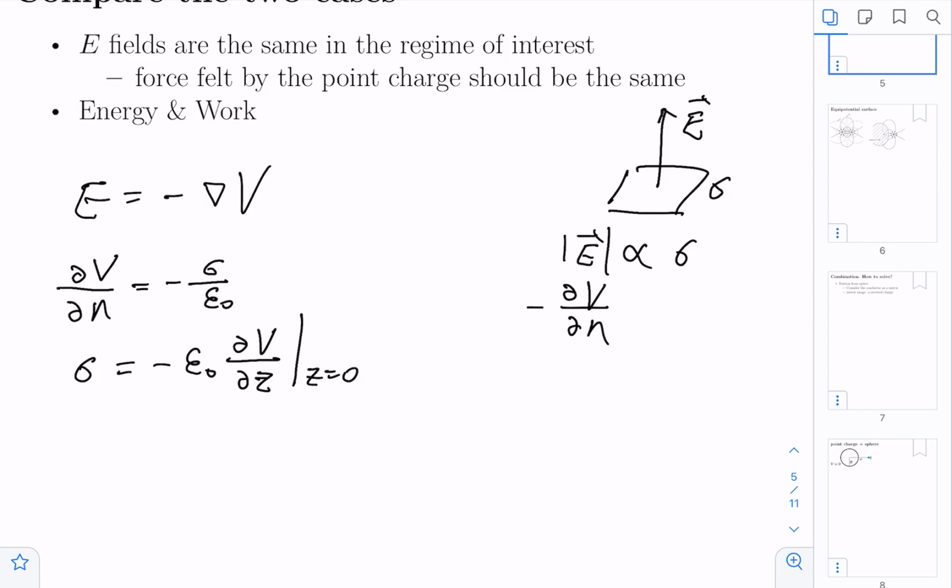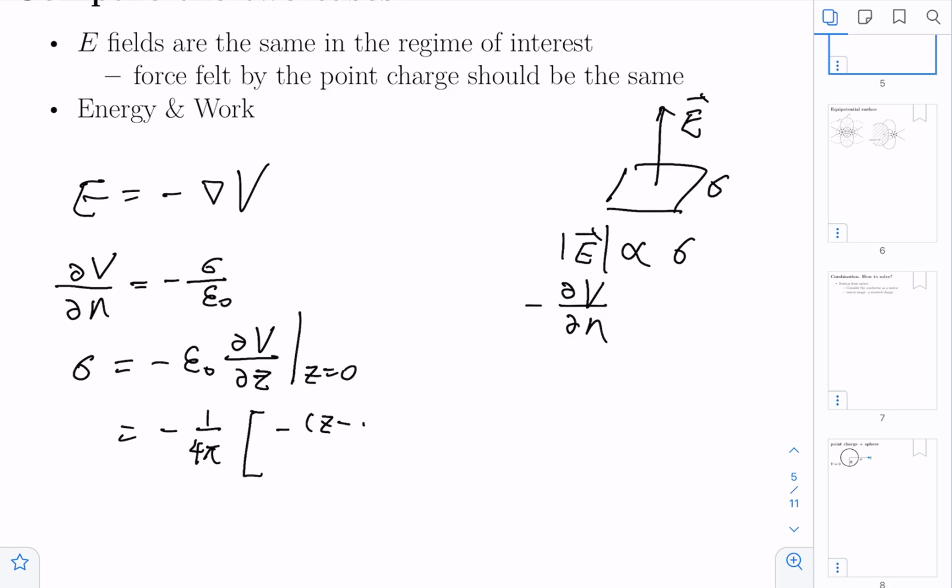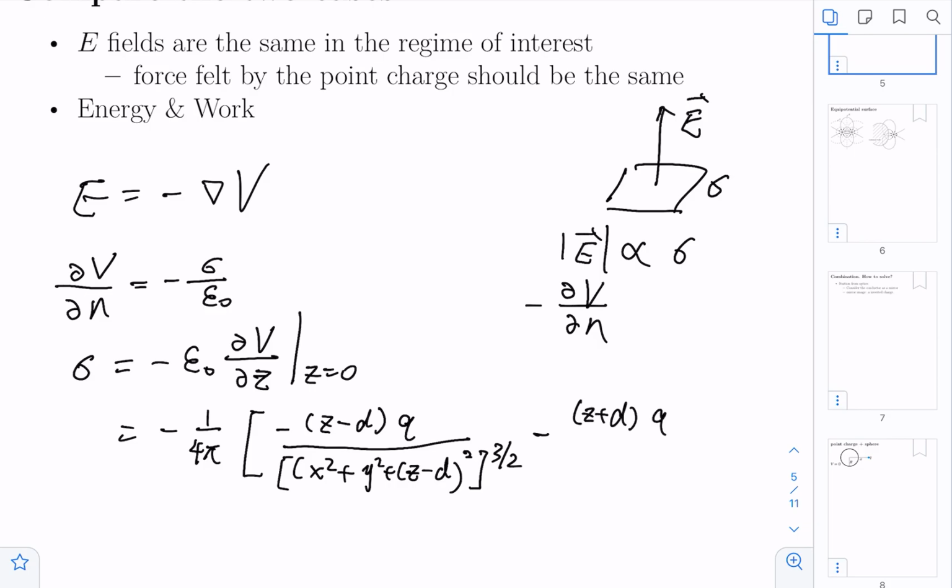Now if we plug in this expression for the v that we obtained earlier, and take a partial derivative at z equals 0, we get, and this thing should be evaluated at z equals 0.